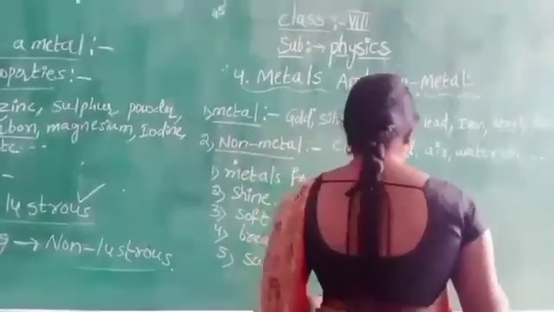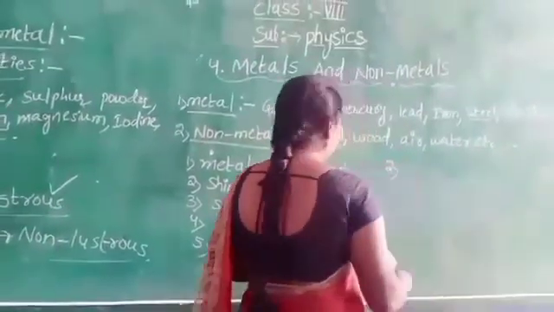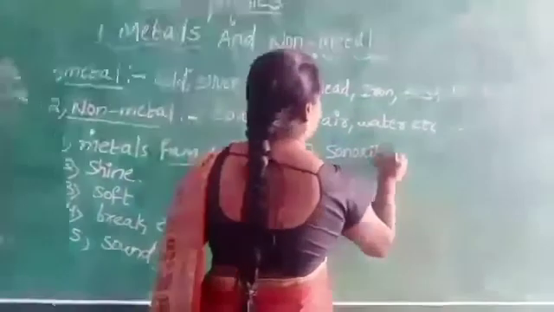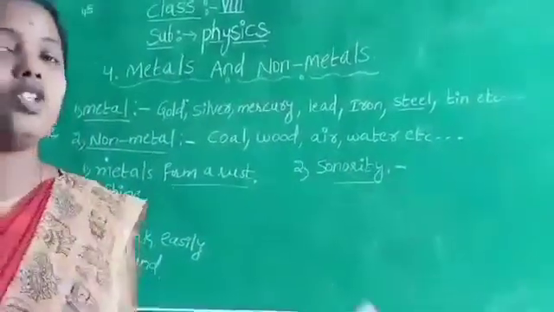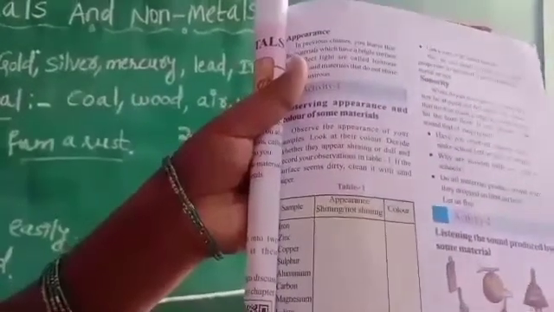Next, the second character is sonority. What is the next second character? Sonority. So children, you fill the table 1. What is the table 1, Nana? Collect all these samples from your surroundings and expose them to sunlight.